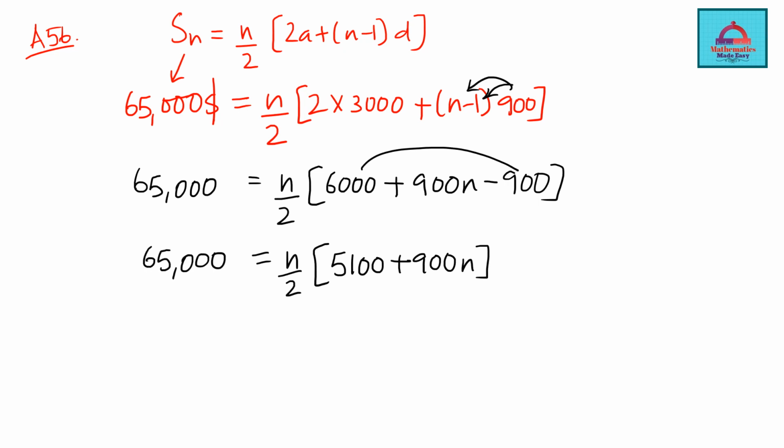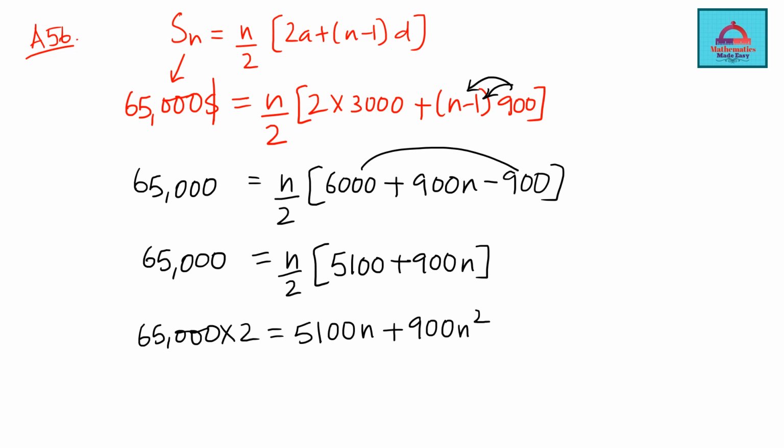We are going to simplify and we are going to cross multiply. So 65,000 multiplied with 2 is 5100n plus 900n square. Now what you have got? Quadratic equation in n.